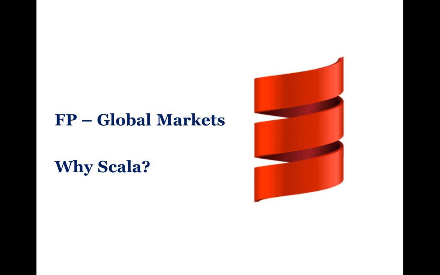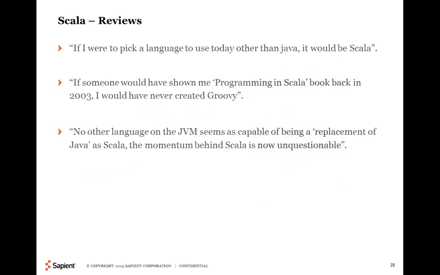Now I'll try to cover Scala and how these principles are implemented in Scala. Before we proceed and give any evidence for Scala, just have a look at this. What are the reviews?